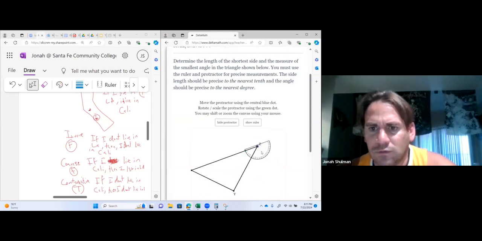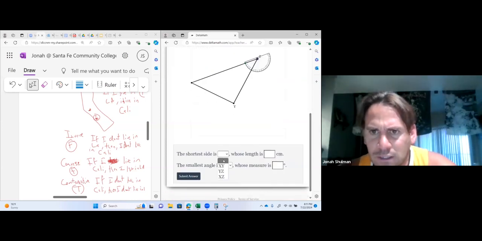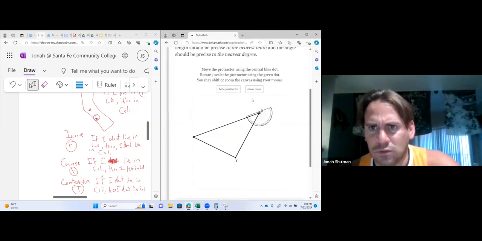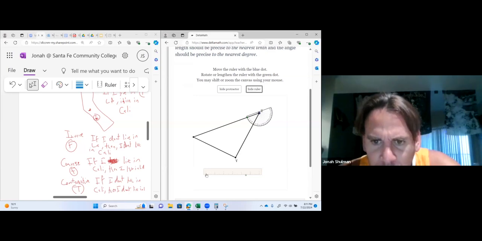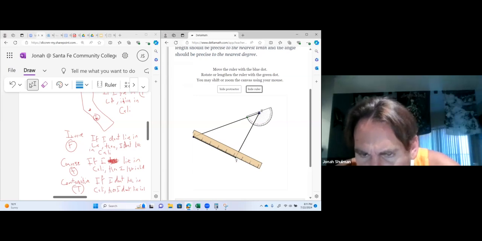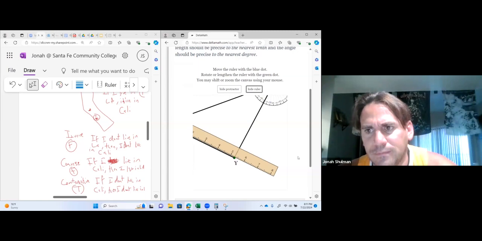So angle Z is 41 degrees, and the shortest side is XY. The biggest side is for the biggest angle, and this one is for the smallest one. So let's show the ruler. And we know this is 5.1 to 5.3.